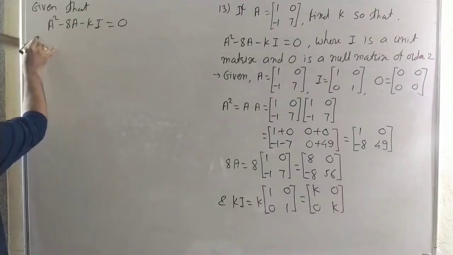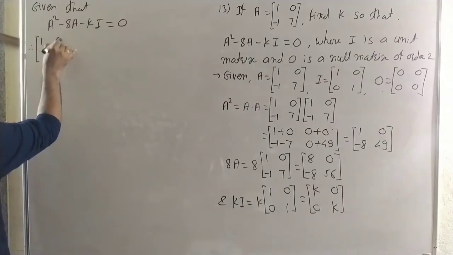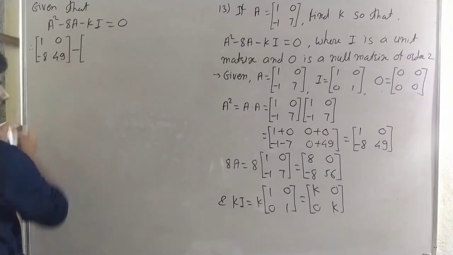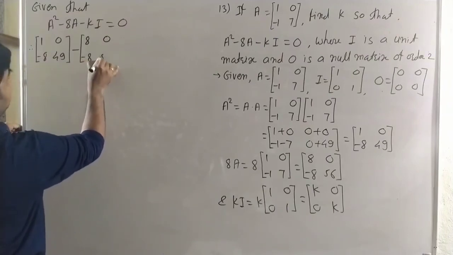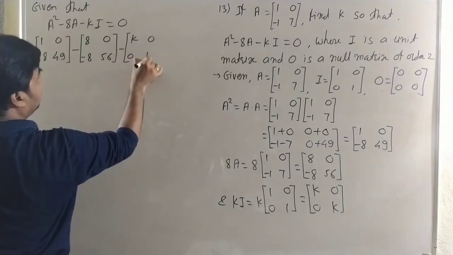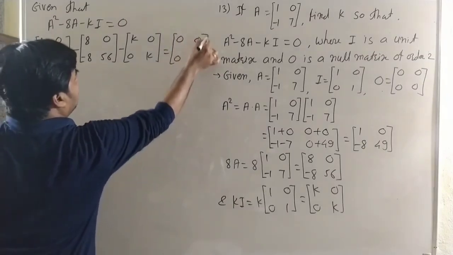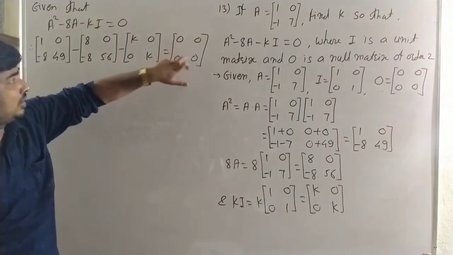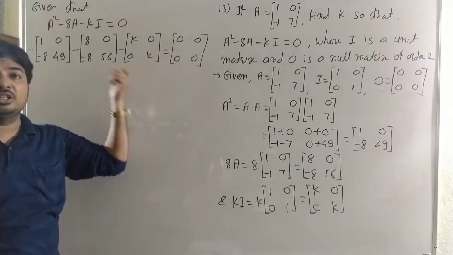Here we can write A square, [1 0; -8 49], minus 8A, [8 0; -8 56], minus kI, that is [k 0; 0 k], and is equal to 0, that is [0 0; 0 0]. Okay, here we can write only the 0, and in the last step take the matrix.